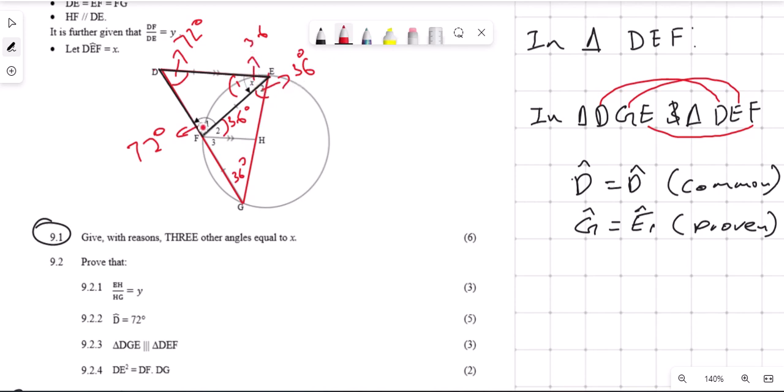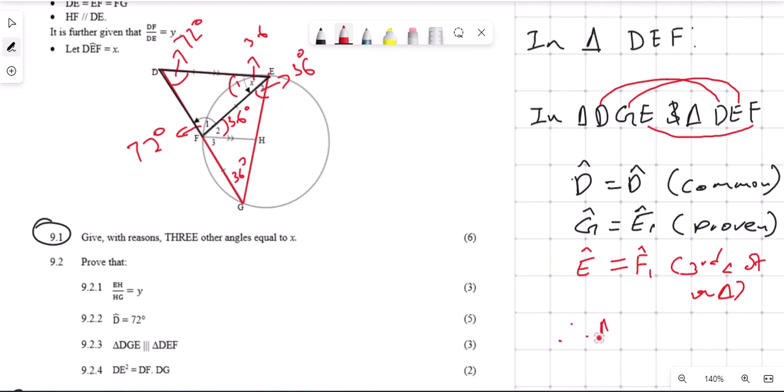But in most cases, angle E, the bigger one, the whole E, is equal to angle F1. Since you've proven these two, say third angle of a triangle. Is that simple? Yes.